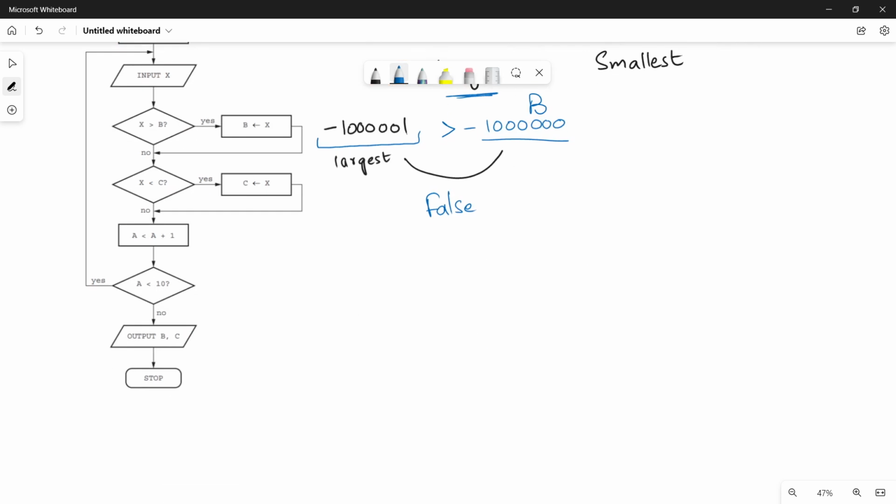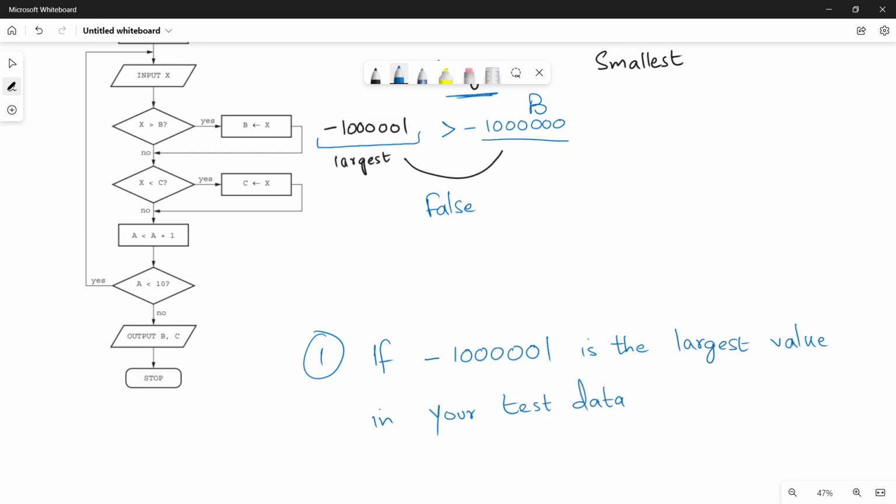So if we have, the first thing I will say here is, if minus 100,001 is the largest value in your test data to be identified by this flowchart, then it will fail.